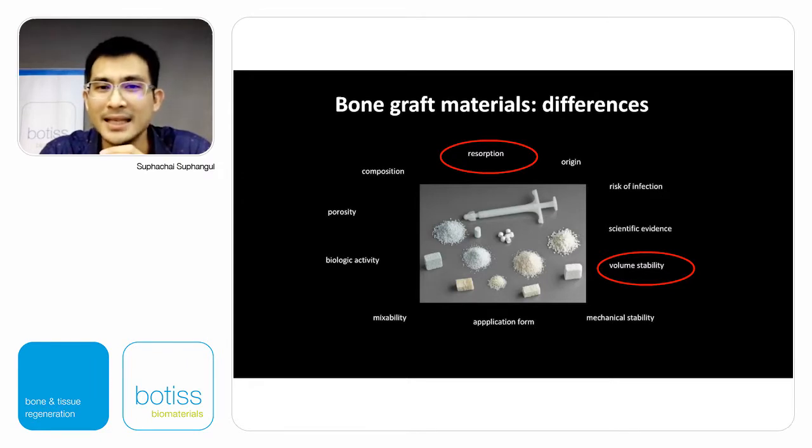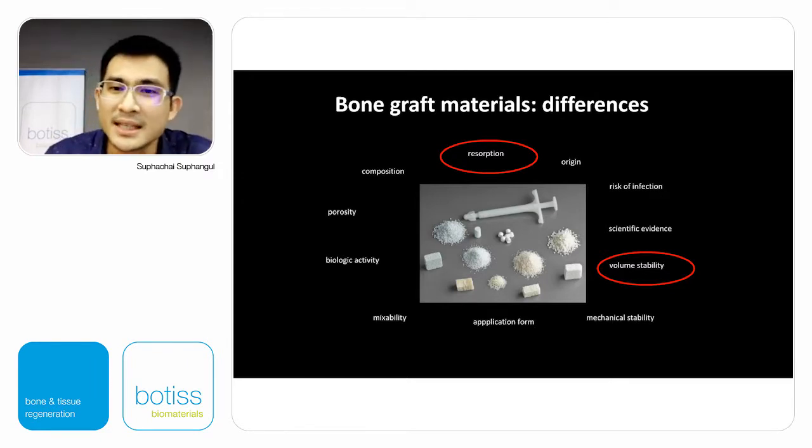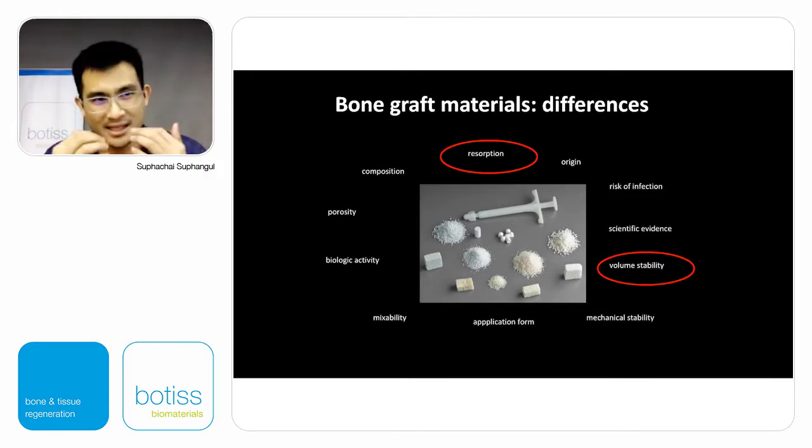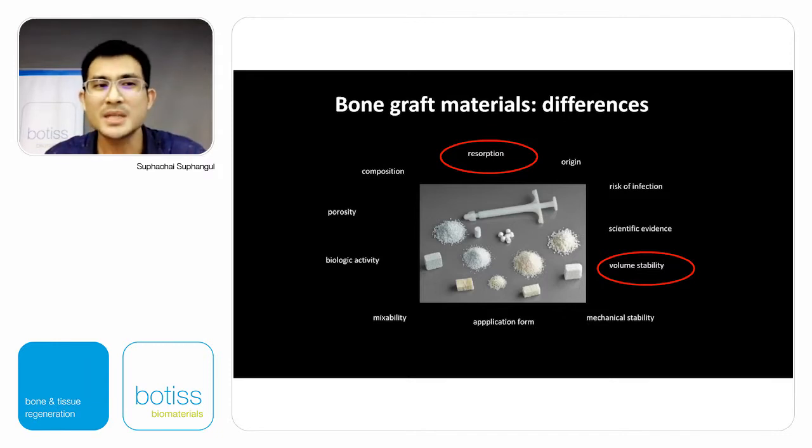Resorption and volume stability do not come the same way. If you have resorption, you lose volume stability. But if the volume stability is very good, the resorption is very slow.